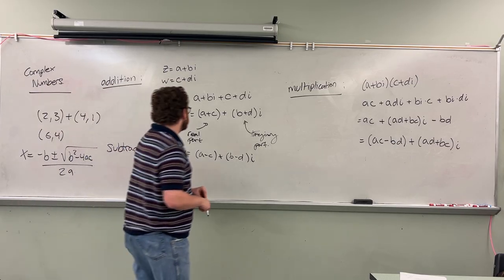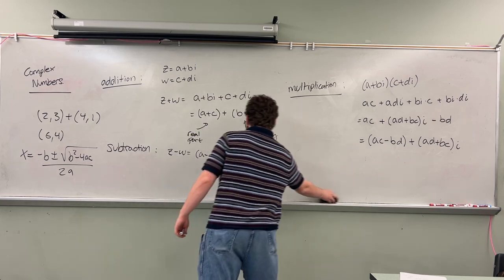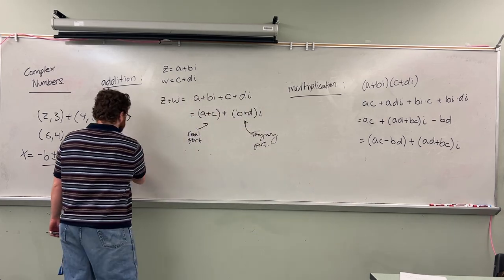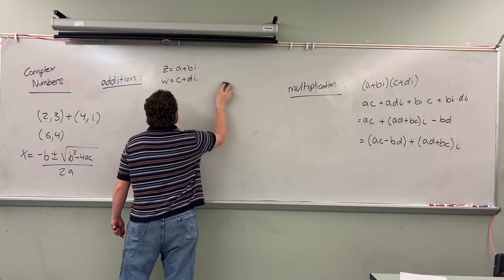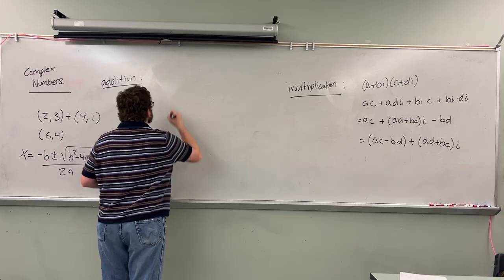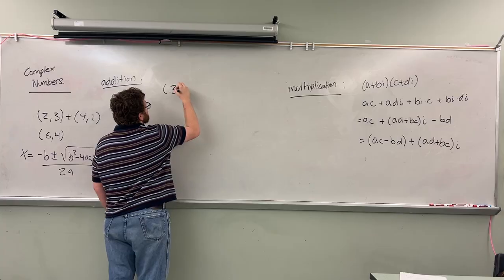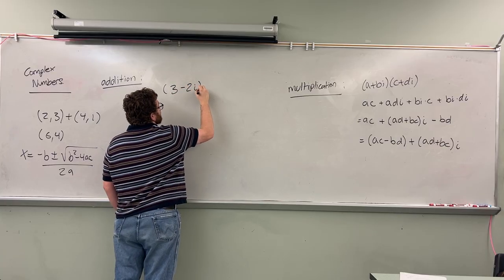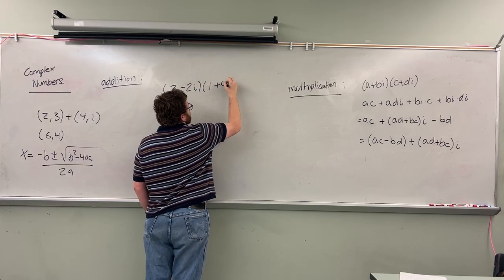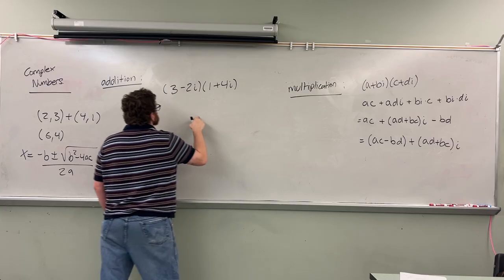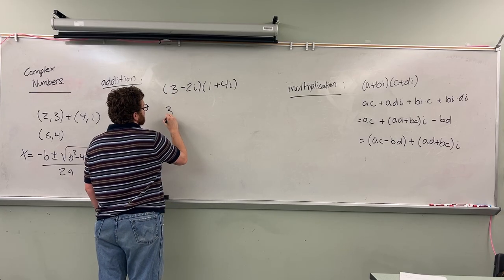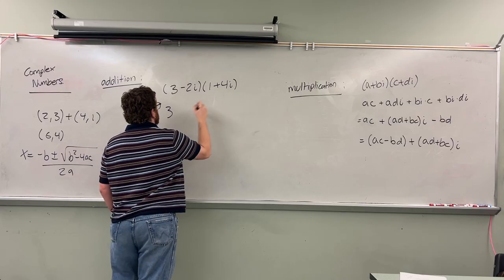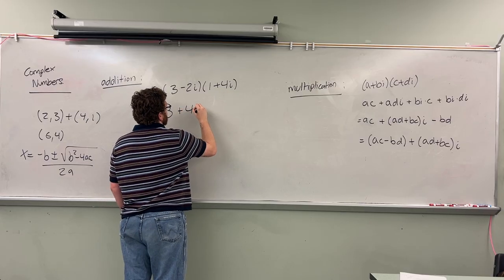Alright. So we'll look at a straightforward example. Let's do 3 minus 2i times 1 plus 4i. 3 times 1 is 3. 3 times 4i is 12i.